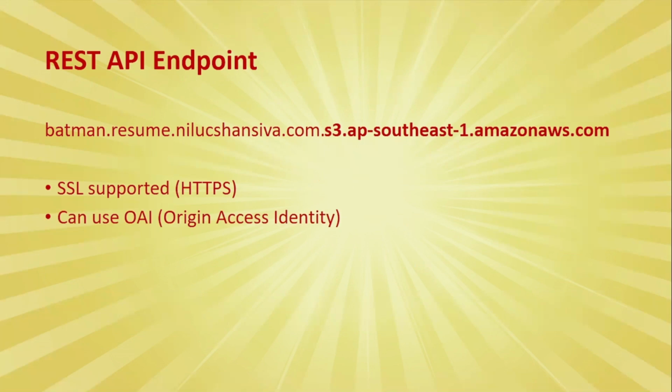We can use OAI, Origin Access Identity. What this means is we can configure our S3 bucket to allow only traffic from CloudFront and block public access. In this way, users will be able to access our content only through the CloudFront distribution. It supports both private and public content.